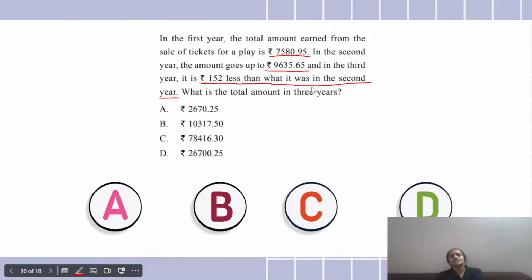So what is the total amount he has earned in all 3 years? The operation is simply obvious, but you have to first find out how much he earned in the third year, and then simply add them all. Okay, Banishika has given the option B.